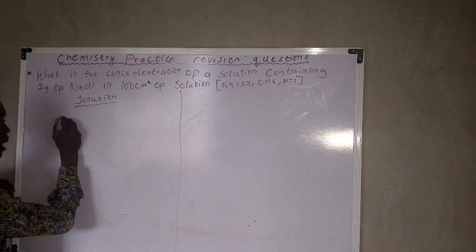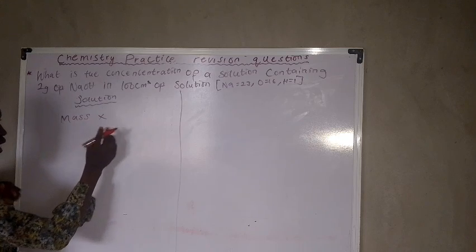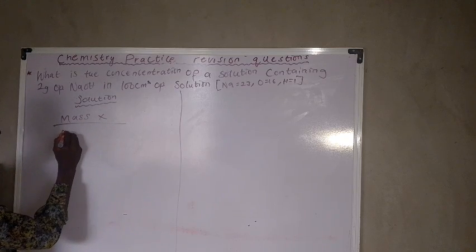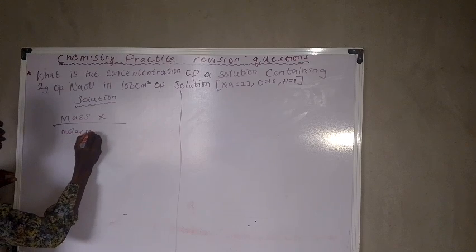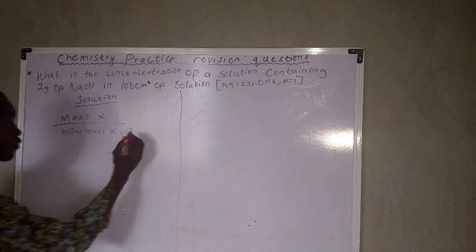You have the mass over the molar mass times volume.